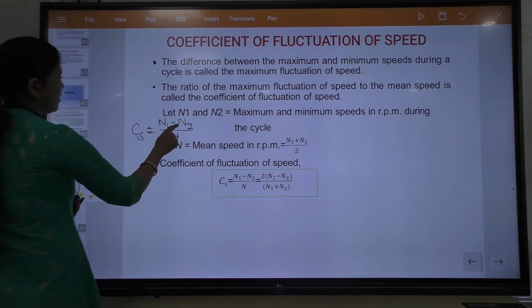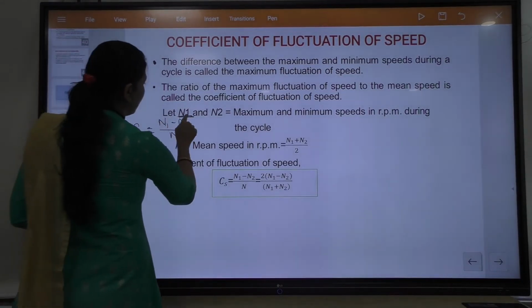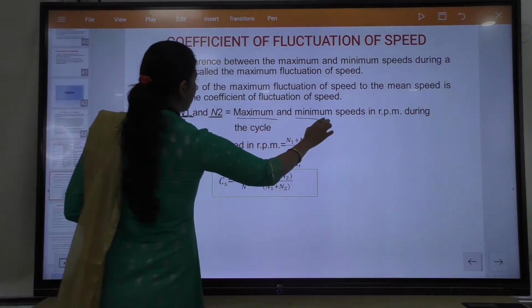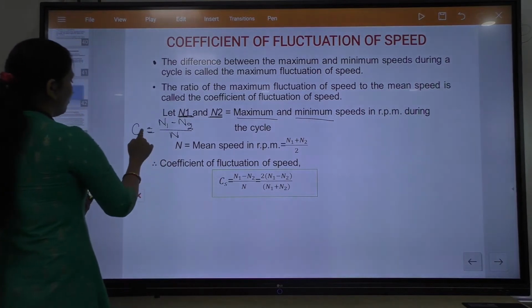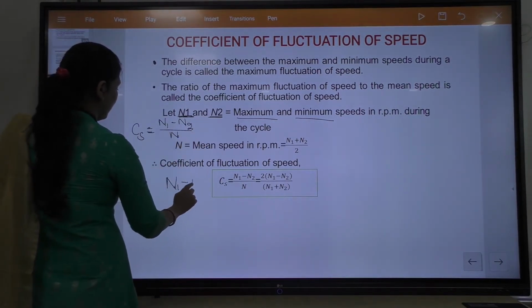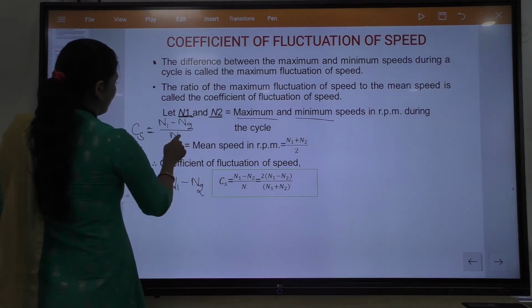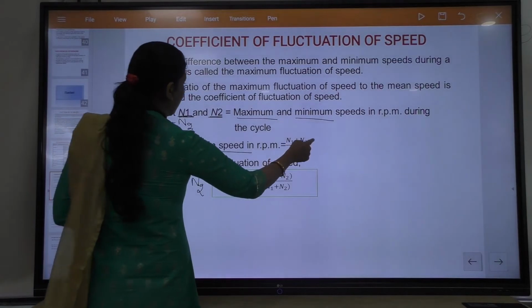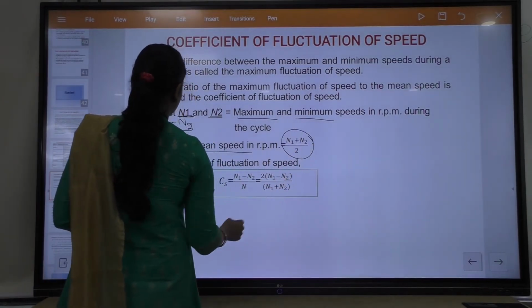So, let us consider N1 is our maximum speed, N2 is the minimum speed. So, what is the difference? Difference is N1 minus N2. What is N? N is our mean speed, that is equals to N1 plus N2 divided by 2.